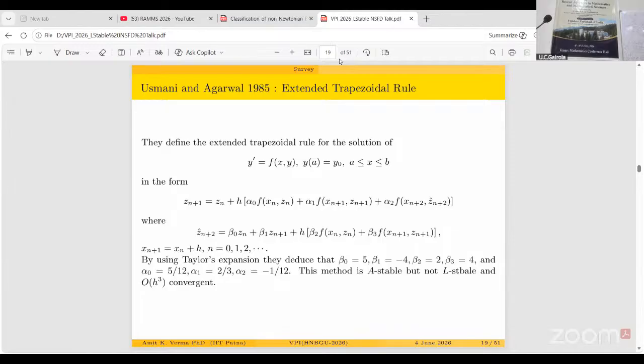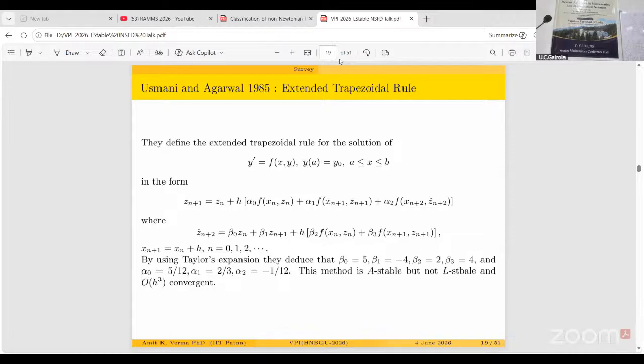Now this is a multi-step method. But they again define the value Zn plus 2 by another term. So if you see this combined formula, this is not a multi-step method. This is a single step method, because if you put this value here, only n plus 1 will depend on the nth value.